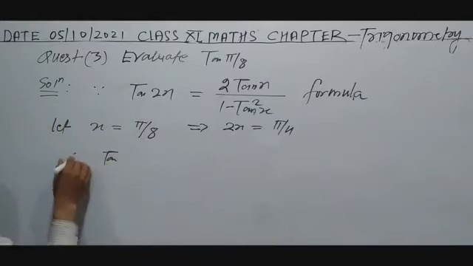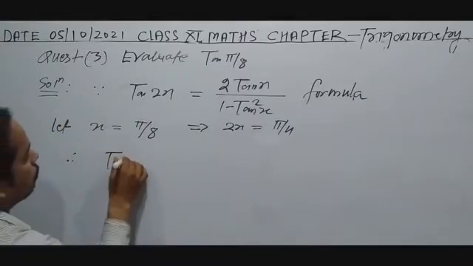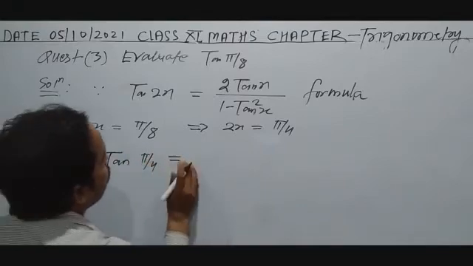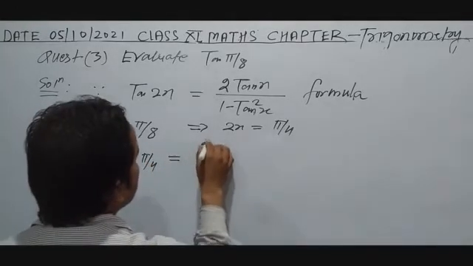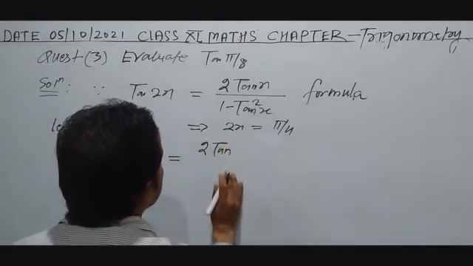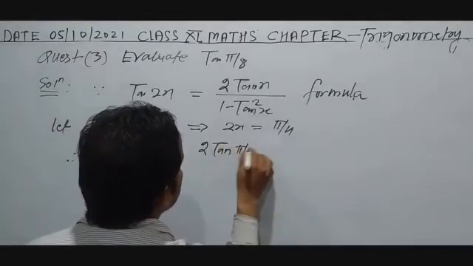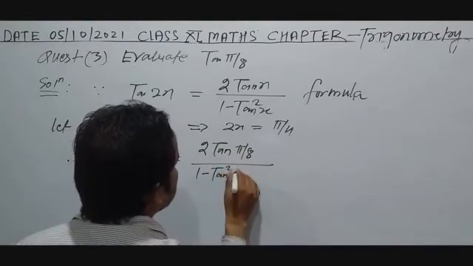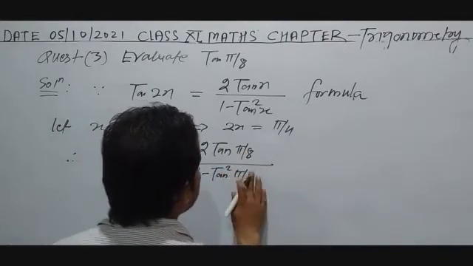So the result will be tan of pi by 4 is equal to 2 times tan pi by 8 whole upon 1 minus tan square pi by 8.